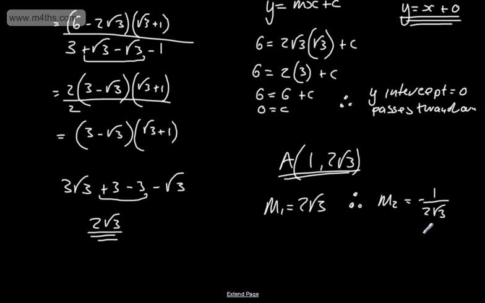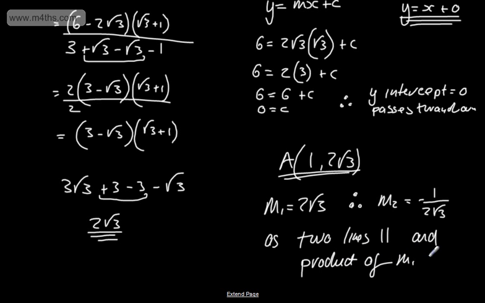I'm just going to leave it like so, because I'm going to write on here: M1 is 2 root 3, therefore M2 is negative 1 over 2 root 3, as we can say now that the 2 lines are perpendicular, and the product of gradients is going to be equal to negative 1. We've seen this before. The product of M1 and M2 will be equal to -1. So just jotting that in. So what we've got then is this right here.